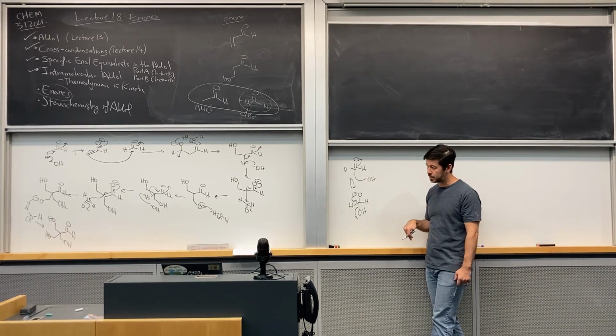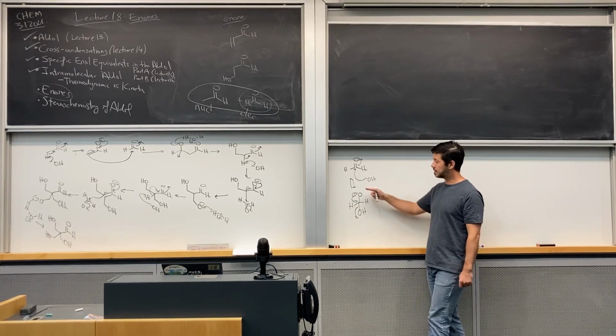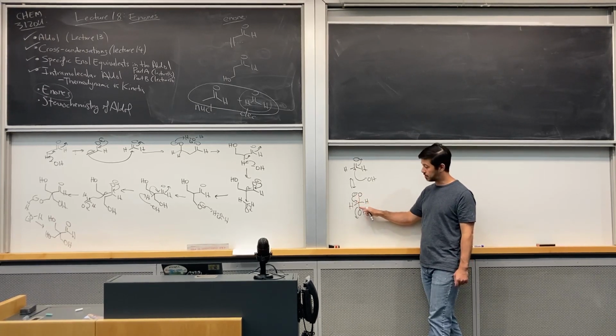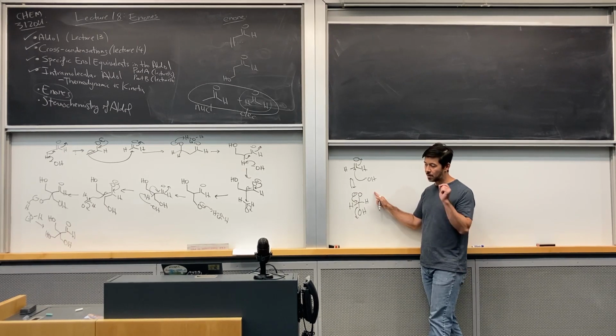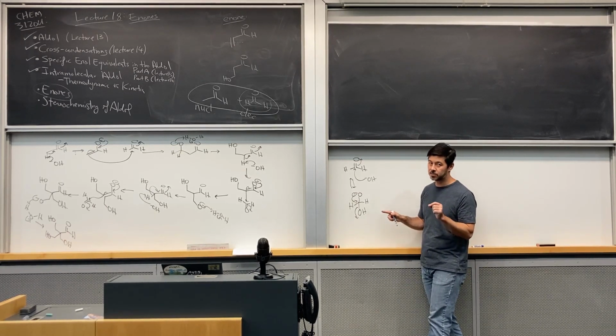But the problem is that once in a while, what will happen is that instead of the O minus coming down, instead of the OH leaving, you're actually going to have H minus leave as a reducing agent. And H minus will be your nucleophile that can attack something electrophilic.